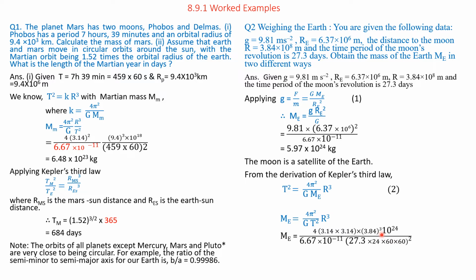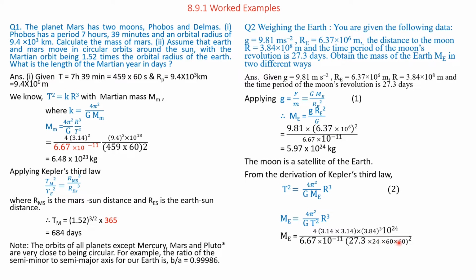It is given the radius, the distance of the moon and Earth is 3.84 whole cube into 10 to the power of 24. Gravitational constant is 6.67 into 10 to the power of minus 11, and T square is 27.3 days converted into seconds, 60 into 60, and days are 24 hours.